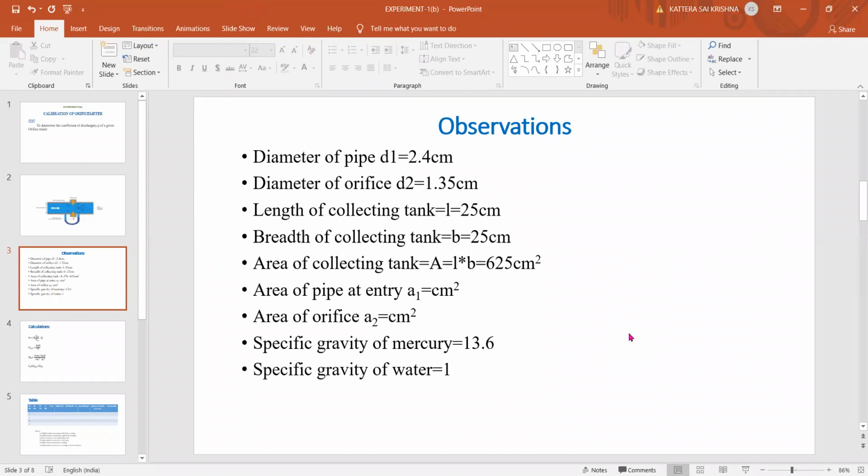Diameter of the pipe, D1 equal to 2.4 centimeter. Next, diameter of the orifice taken as D2 equal to 1.35 centimeter.